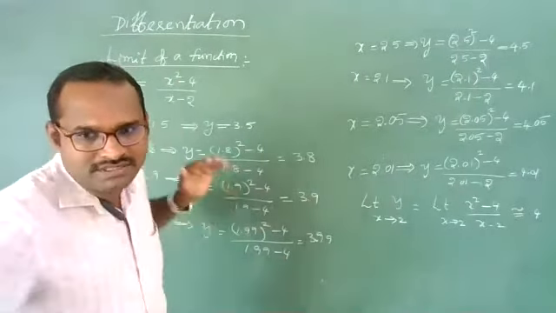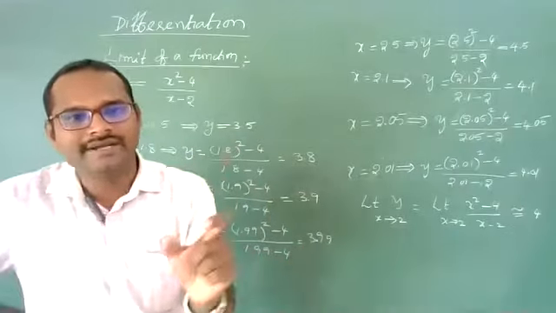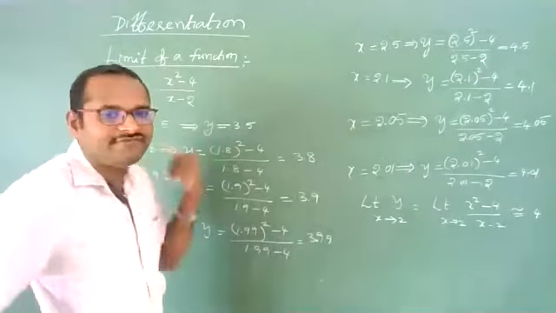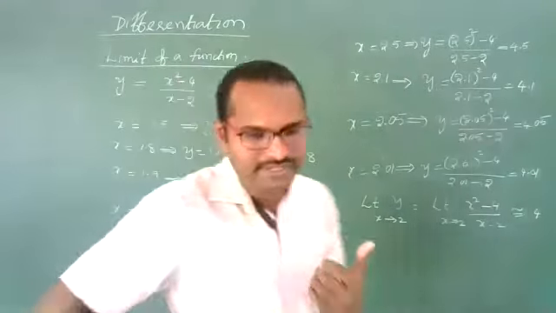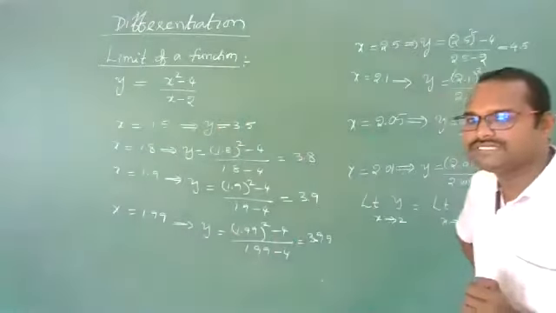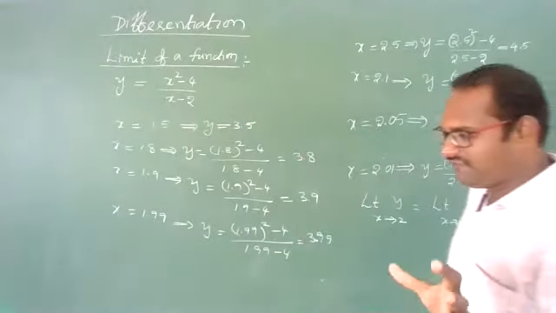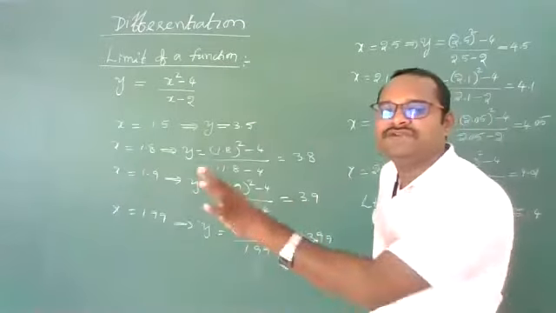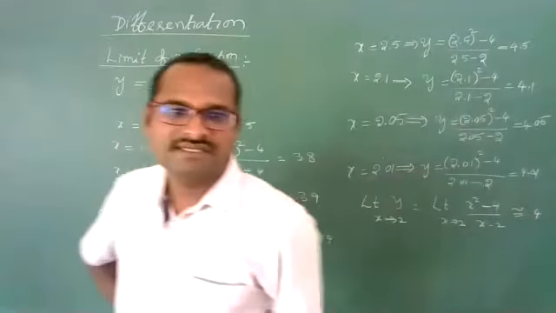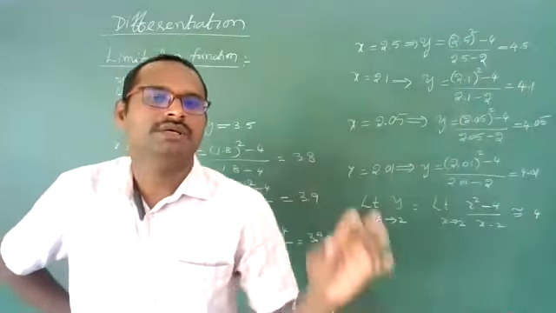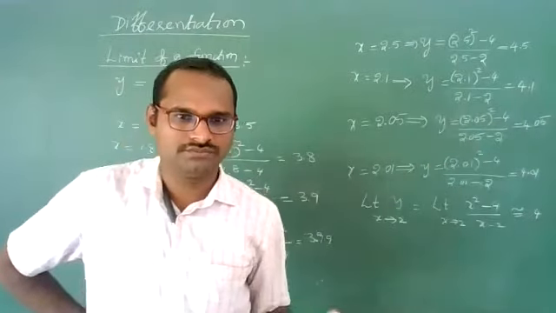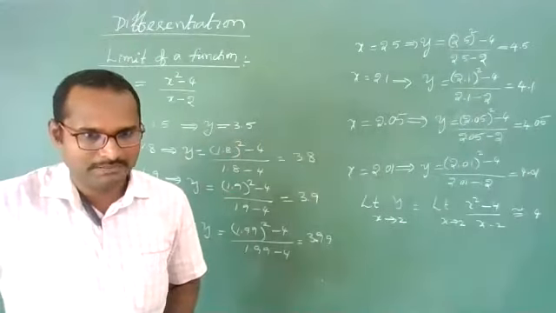Okay, this is the general method to find a limiting value of any function. Why do we need to study this point, sir? See, students, a function should have a definite value for every different value of x.